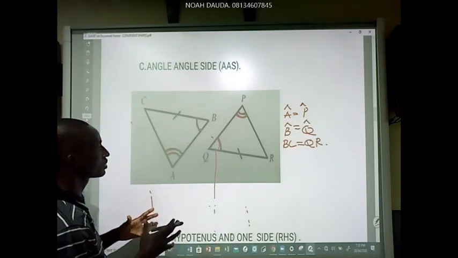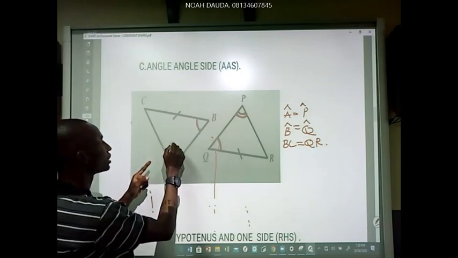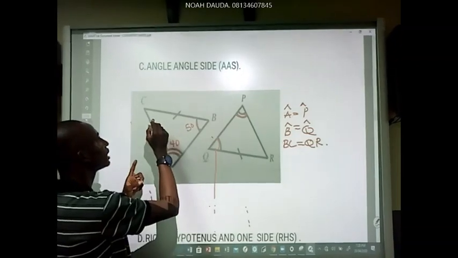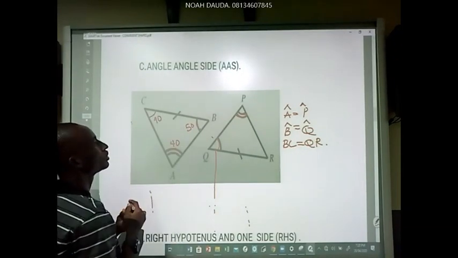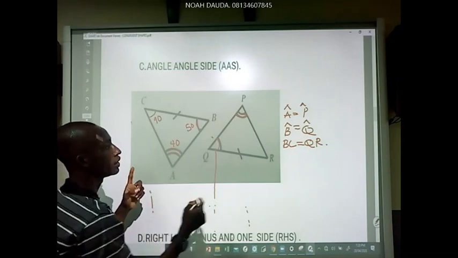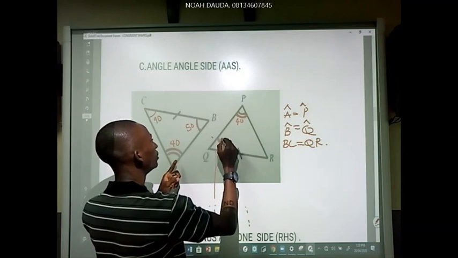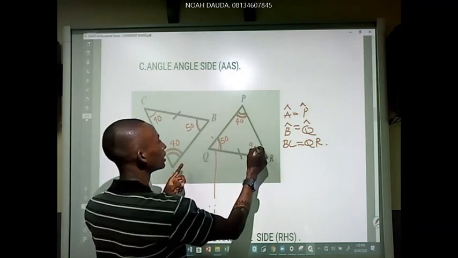Now, having said that, do not forget that if this angle is 40 and this angle is 50, that definitely means this angle will be 90 degrees. In the same way, if this angle is 40 and this angle is 50, this will automatically be 90.